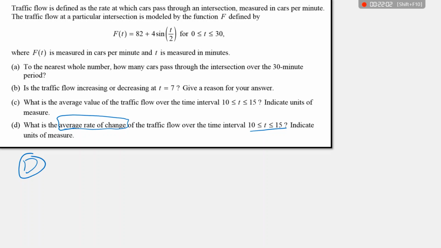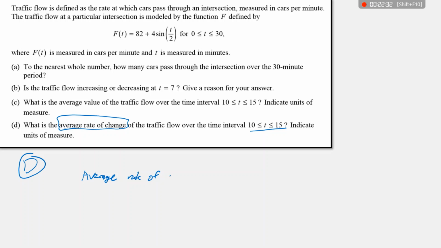What do I have to do? Integrate 10 to 15. Sorry, you broke up there for a minute.